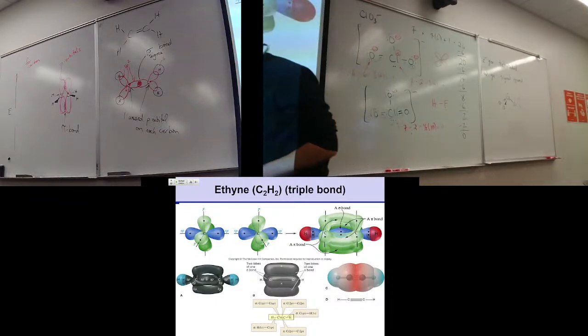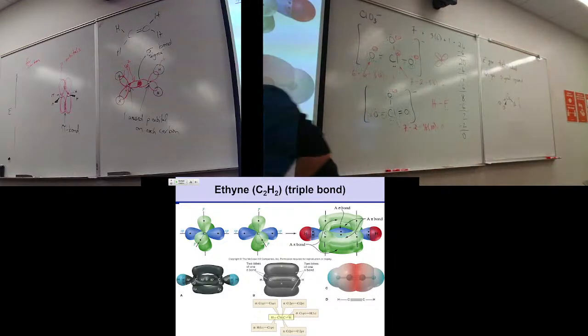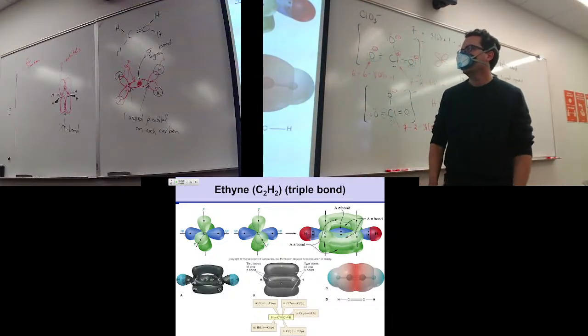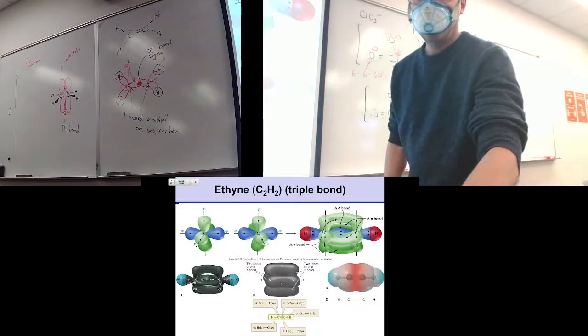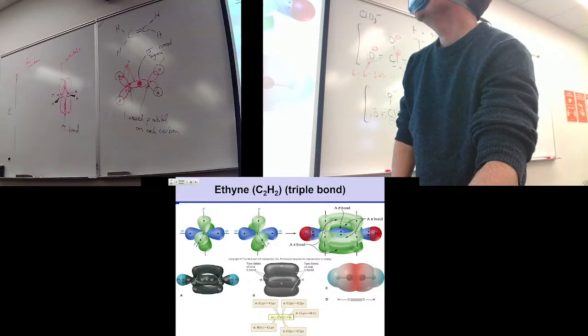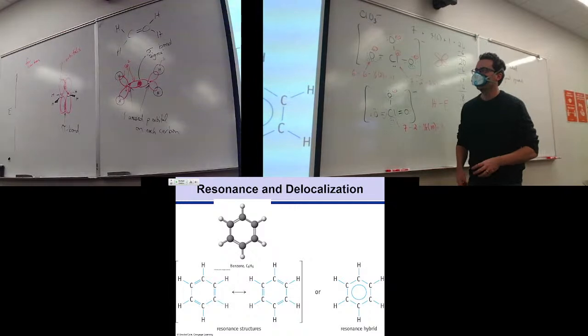And then there's sigma bonds made with the carbon sp hybrid and the hydrogen 1s orbital. And then on the other side, there's the same thing. Starting to get a little convoluted. But I think this is as far as we're going to go when it comes to complicated bonding models.